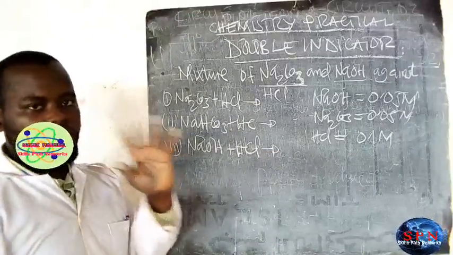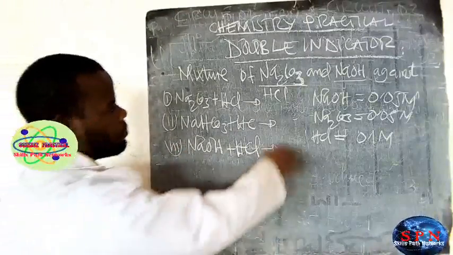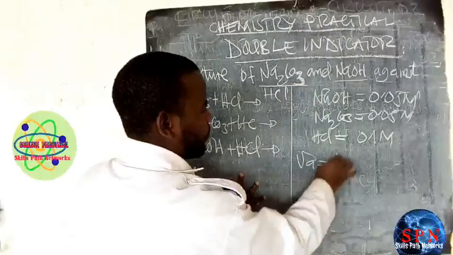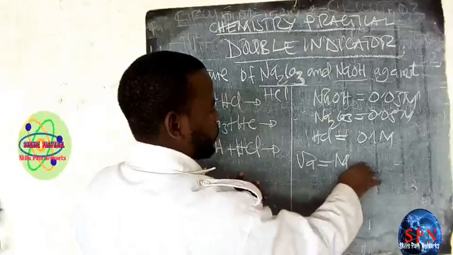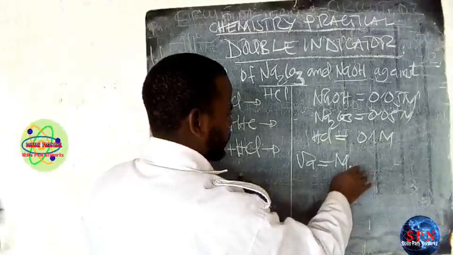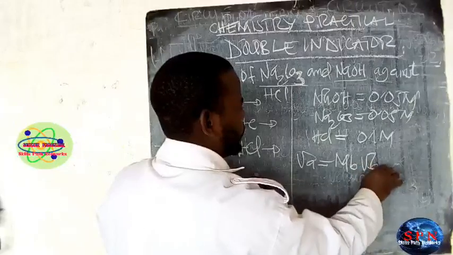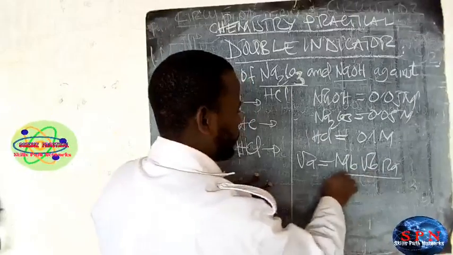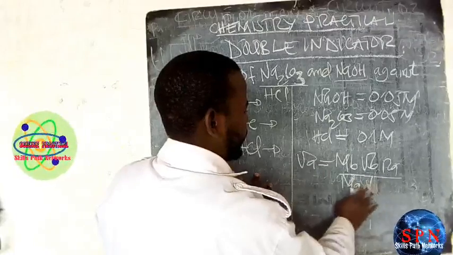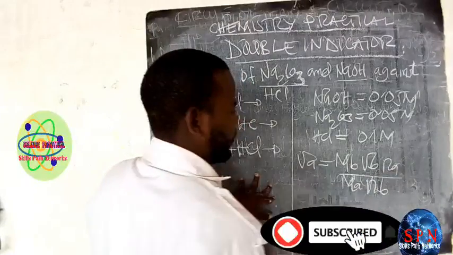When you want to know the volume used, the volume of acid is equal to molarity of base times volume of base times number of acid, over molarity of acid times number of base.